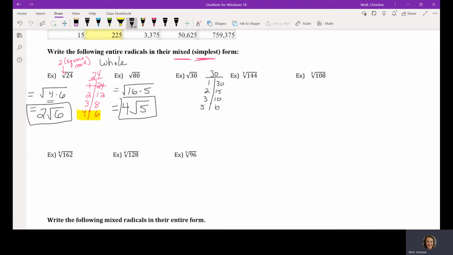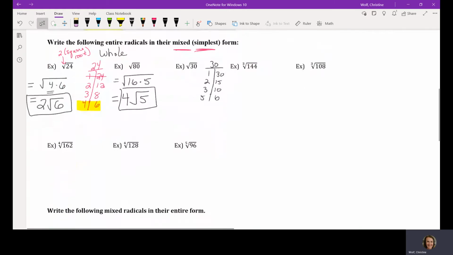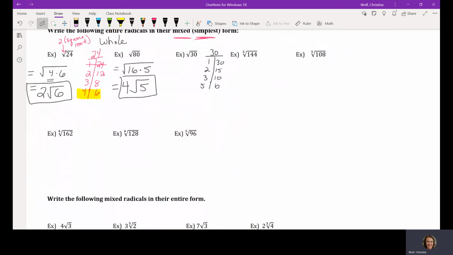But if we compare all of these numbers with the list of perfect squares right here, none of those numbers are perfect squares. So there is no possible way to simplify the square root of 30. So we're done. There's nothing we can do. It is technically in its simplified form already. We can't break it down anymore.